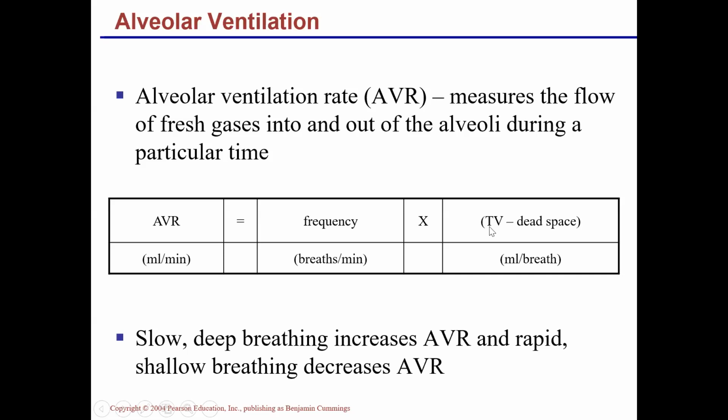But you're not using the tidal volume alone, you use the tidal volume minus the dead space volume. That is the volume actually involved in gas exchange. So this volume times the number of breaths per minute gives you the alveolar ventilation rate.